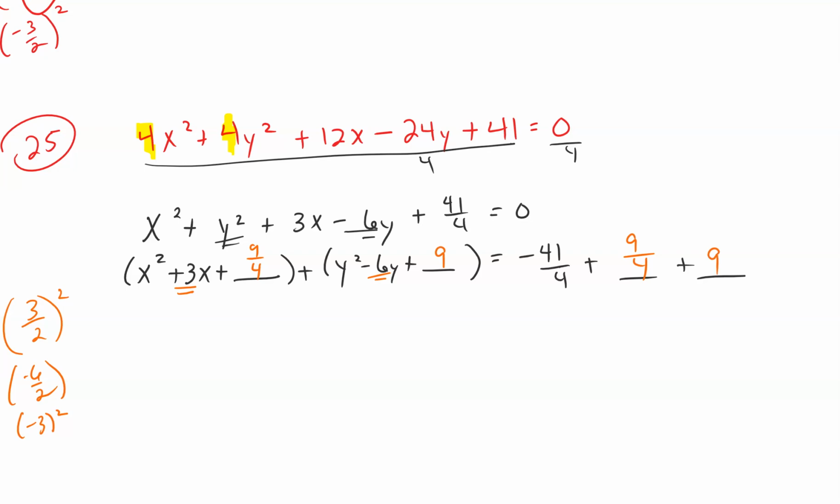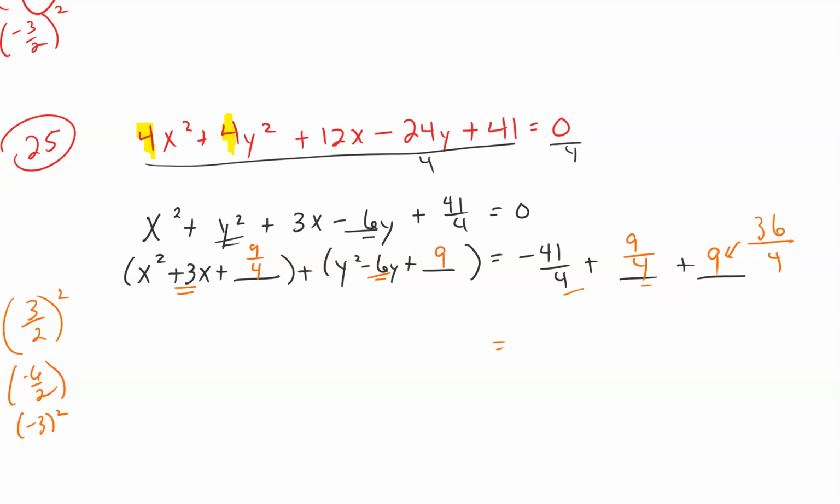And we're going to have 9 here. Now, I'm going to tell you to make this easier when we're simplifying. I'm going to realize, because I have 4 in the fractions here, that that's the same thing as 36 over 4. So it helps me add them all together.